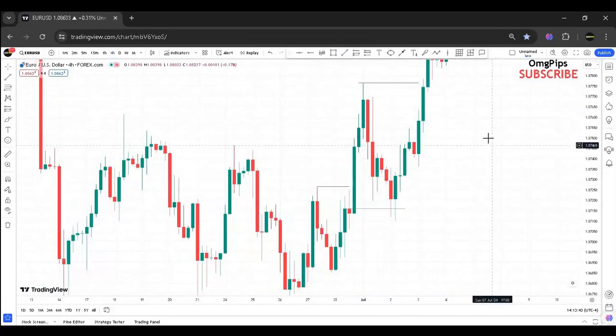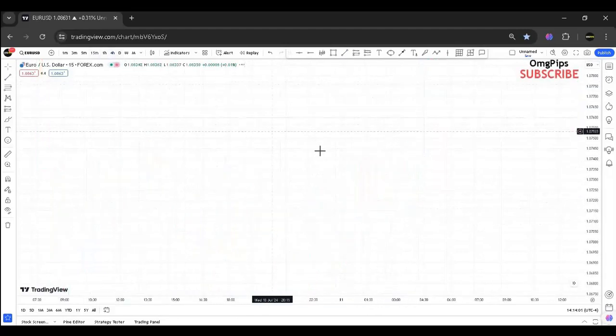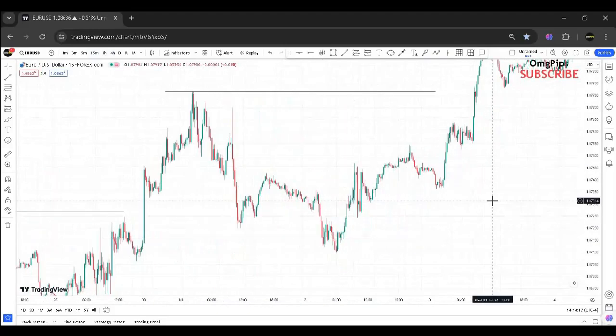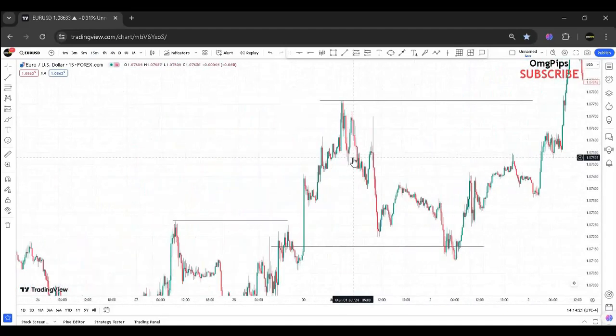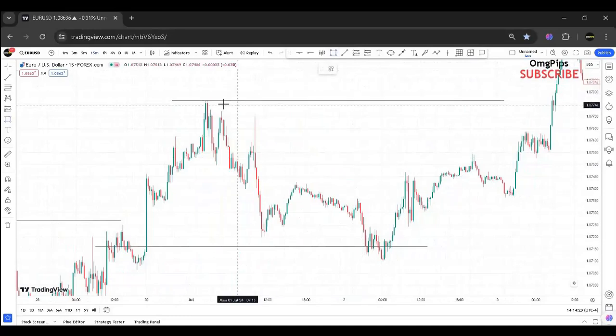Our higher time frame is the 4-hour time frame, and our lower time frame is the 15-minute time frame. So on the 4-hour, we mark our order block, go down to the 15-minute, and look for a sell program of a market maker model. Alright, on the 15-minute we can see we have original consolidation right here.